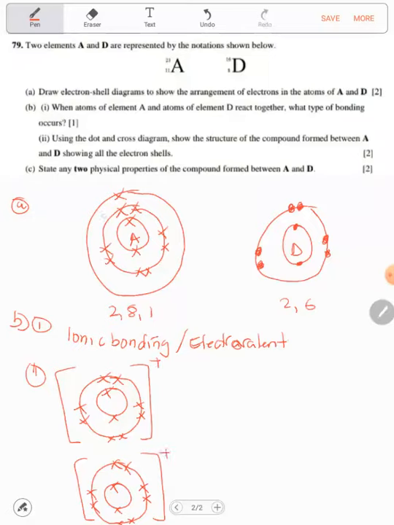That's why it's no longer having 3, it's only having 2. So this is A, this is also A. Remember the formula is we need 2 atoms of A, and this is forming D with this. D is gaining those 2 electrons from here and from here.